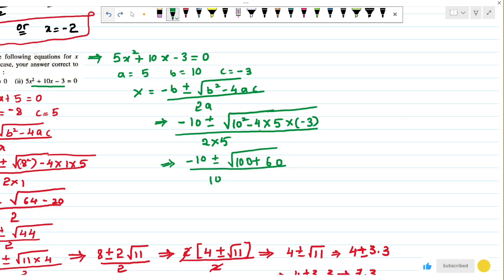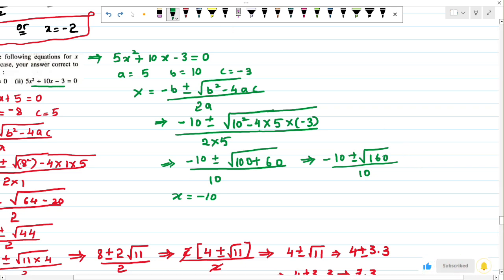So I'll write this as minus 10 plus or minus root 160 divided by 10. So if I simplify this, I'll get the two options. X is equals to minus 10 plus or minus root of 160, which is nothing but 12.6, divided by 10.